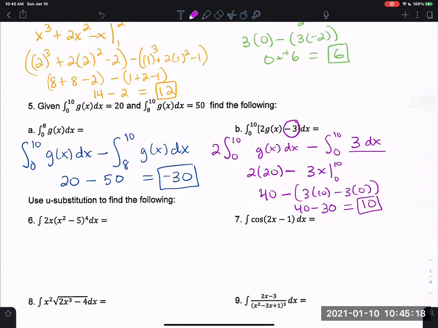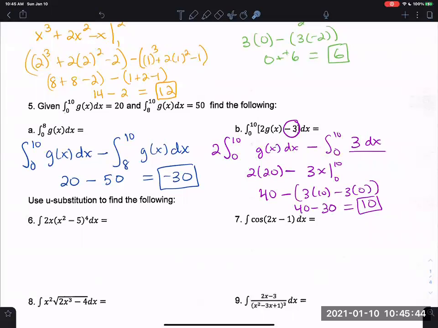Remember that when you have a constant that you are taking the integral of, think of it as a rectangular region. You would be taking the 3 itself, or whatever value the constant is, and multiplying it by the difference between your bounds.